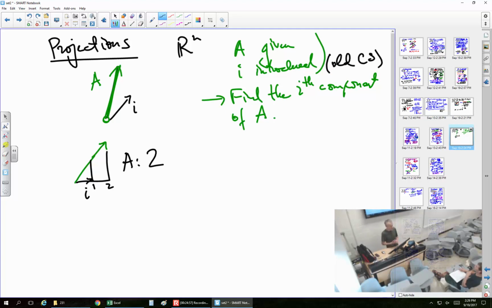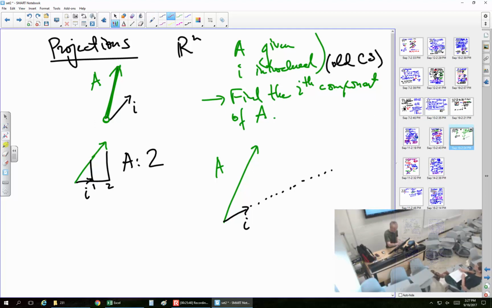Okay, so what do we do? The answer is the projection. So this is what it looks like. This is my vector A, and this is my vector I. What I'm supposed to do is continue the line along the vector I, which will serve as the Cartesian coordinate axis of the system.